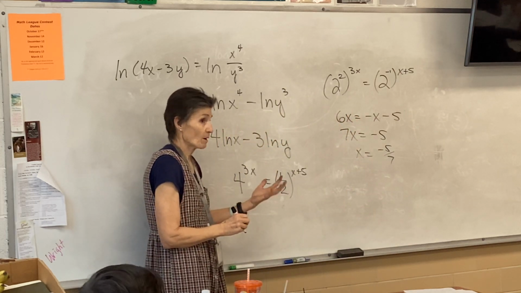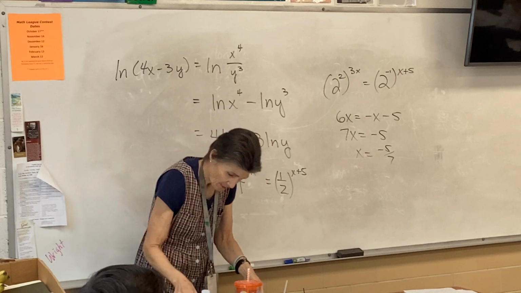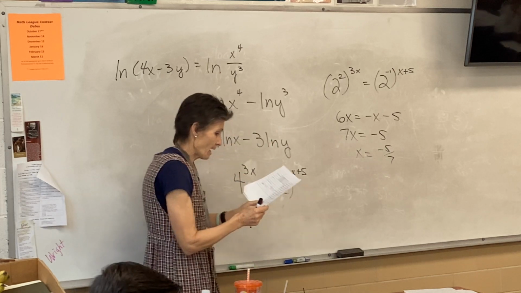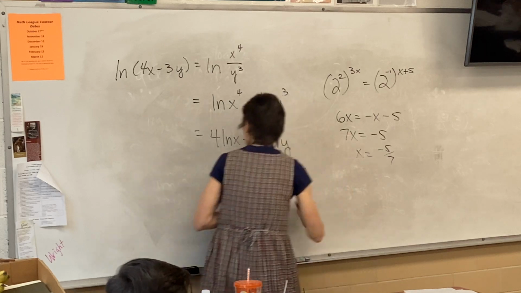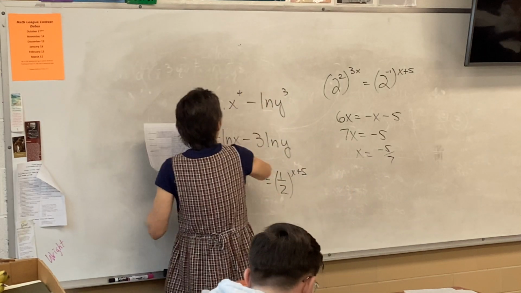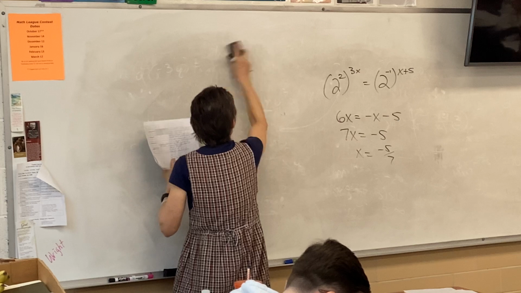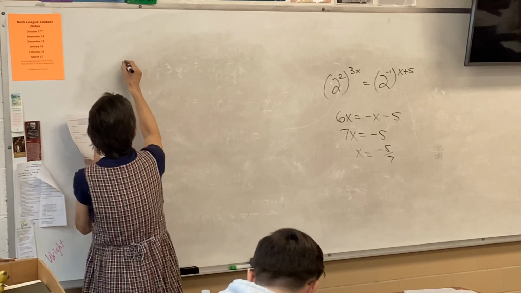Is that okay? Everybody okay with that? Easy? How about number 6? Same sort of thing, but it's a logarithmic equation. How do we do this one?